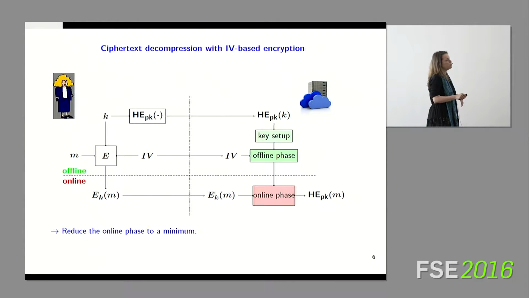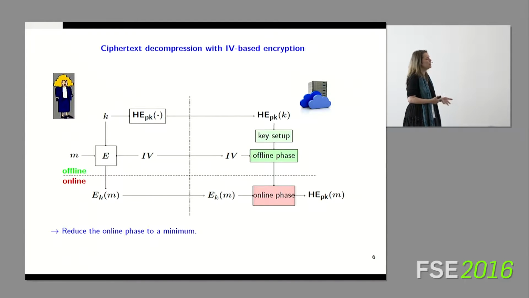So we have these two offline phases, and then the output of these offline phases can be used as an input of the online phase, which corresponds to the operations which need to wait for the ciphertext. And then we recover the encrypted data, but under the homomorphic scheme. And of course, in many applications, what we want to do is to reduce the cost of this online phase.